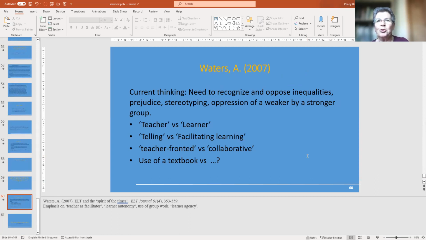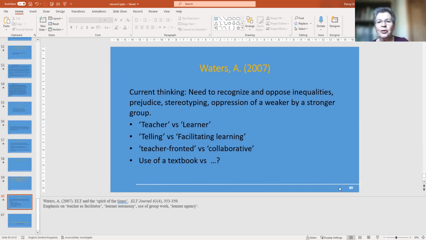One of the things he said was that our choice of method and procedures, although we may not be aware of it, is very much influenced by current thinking, or if you like, PC type thinking: the need to recognize and oppose inequalities, prejudice, stereotyping, and therefore the powerful teacher versus the disempowered learner.